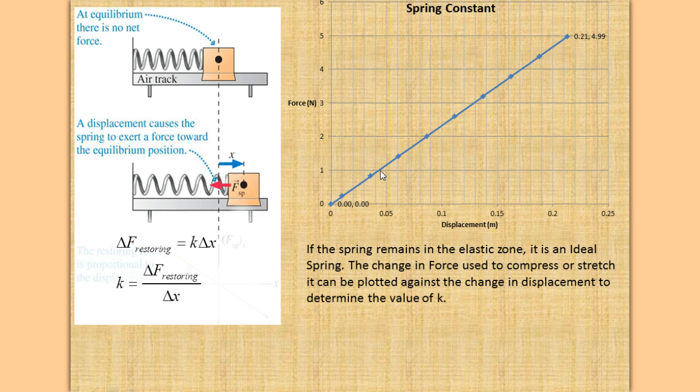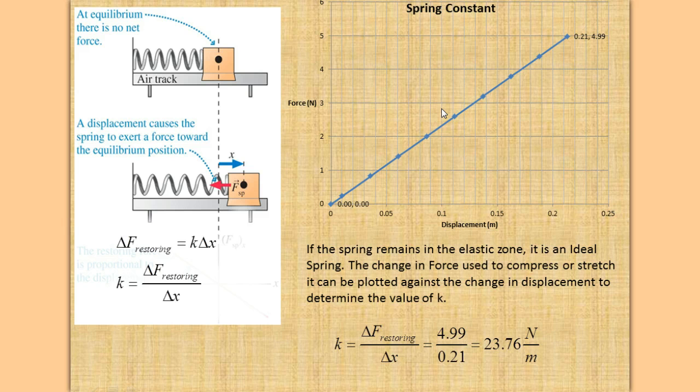And so, if we take the slope of this line, for a displacement of 0.21, we get a restoring force of 4.99. So, if we divide 4.99 by 0.21, we get K is equal to 23.76.